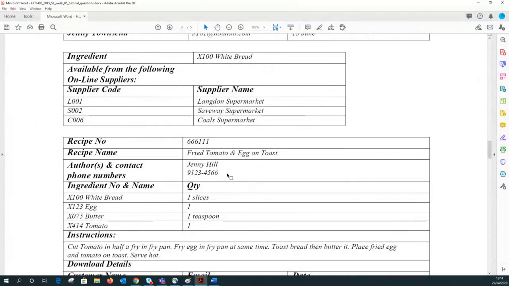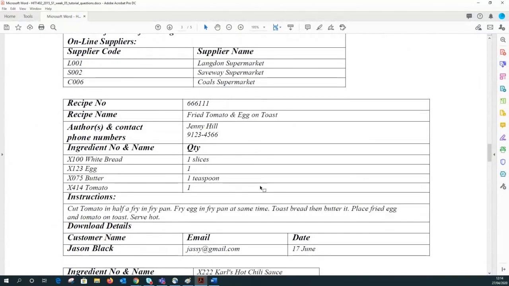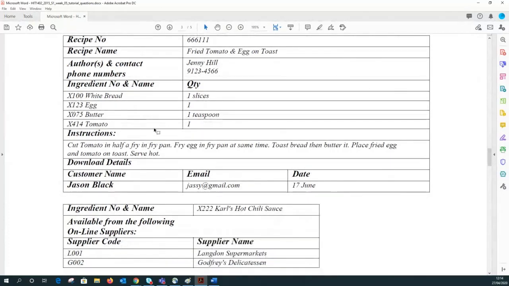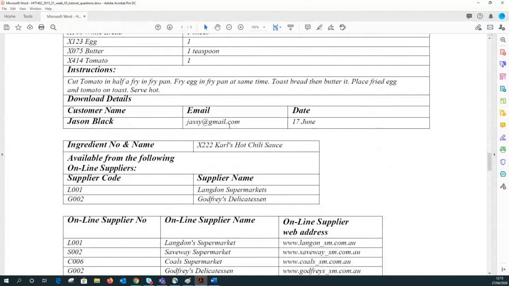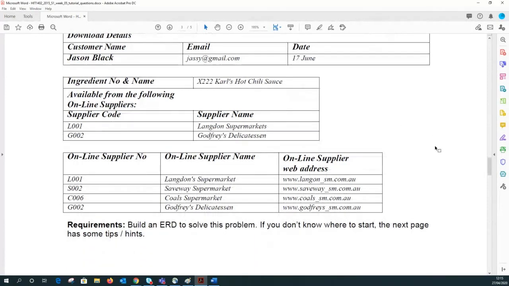Then let's go to the next one. So there's another recipe, the same information, recipe names, recipe number, authors. In this case, there's only one author, then the different ingredients with different quantities, and the instructions for that particular recipe, and then the download information about the customers we already captured. Again, the ingredients supplied by many suppliers, right? And then this last table, what is this?